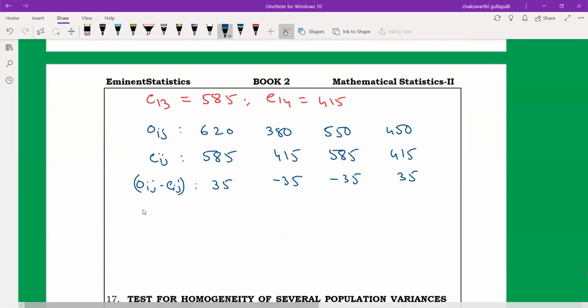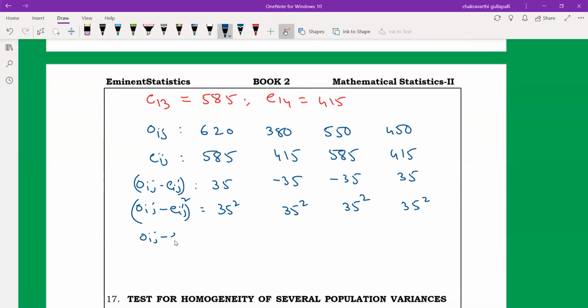Now, Oij minus Eij whole square. 35 square, a negative value becomes positive, so 35 square each time. Then Oij minus Eij whole square dividing by Eij.